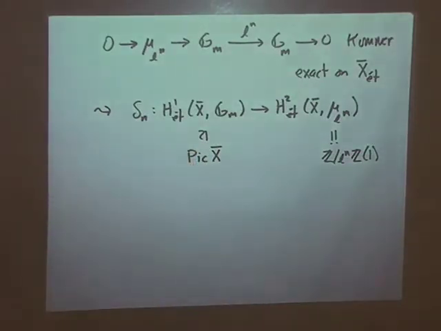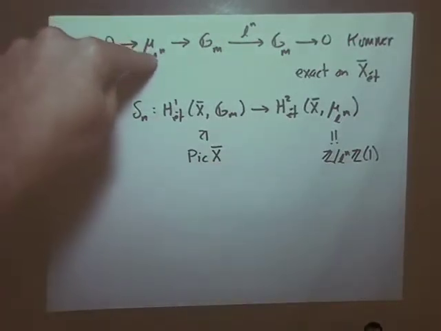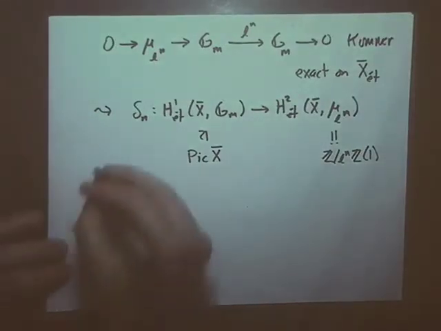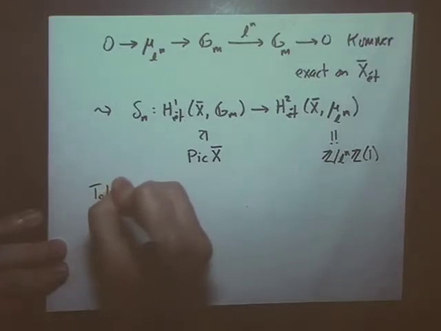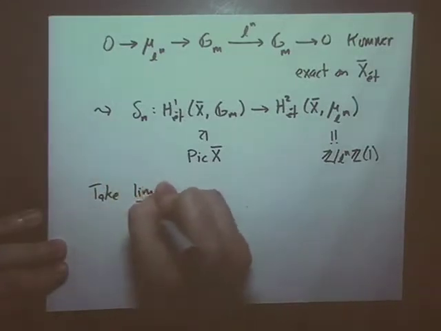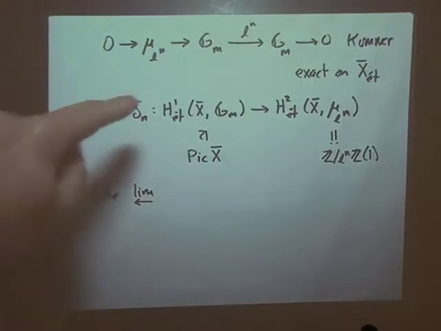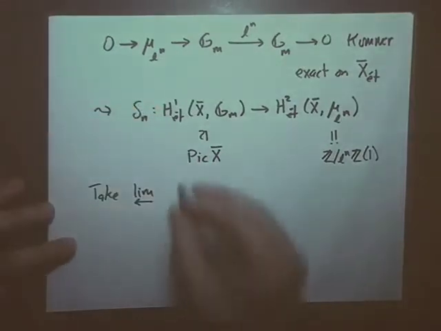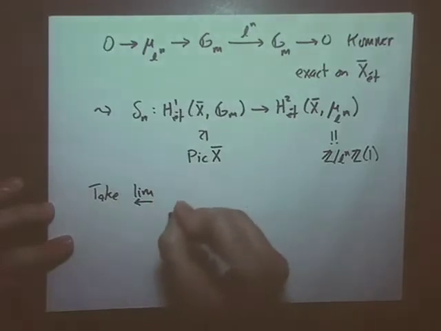And now I have these maps, and I have each one of these maps for some n, and as n grows, I can take an inverse limit. So let's take this inverse limit, because I can relate these mu l to the n plus 1 to mu l to the n. And what I'll get is the Pic X bar.